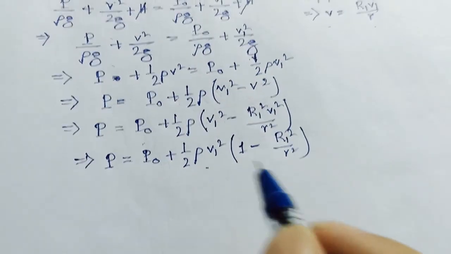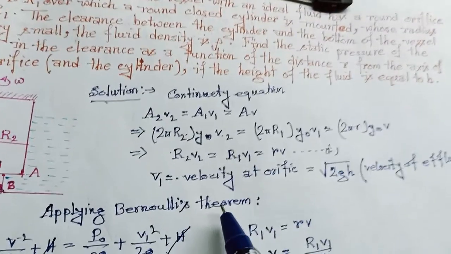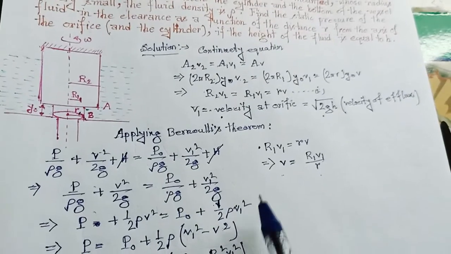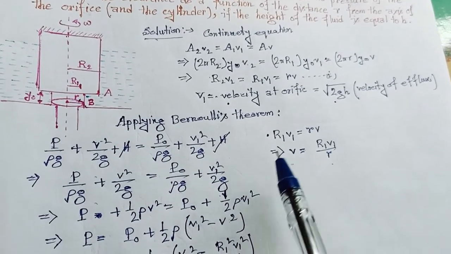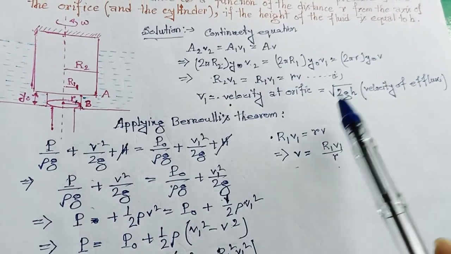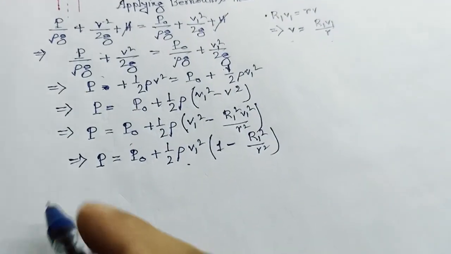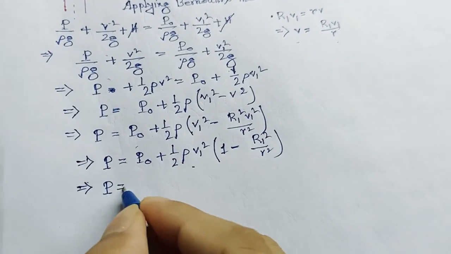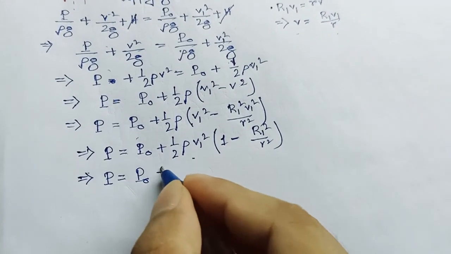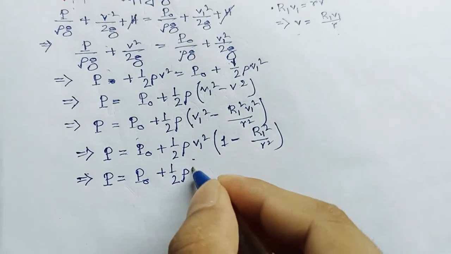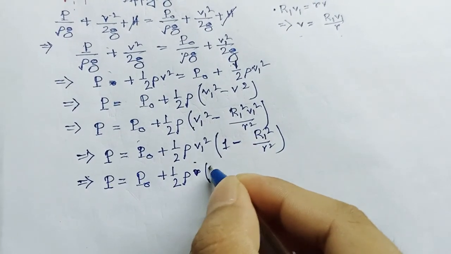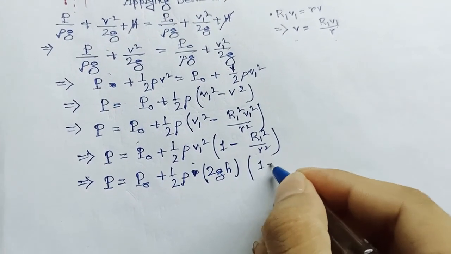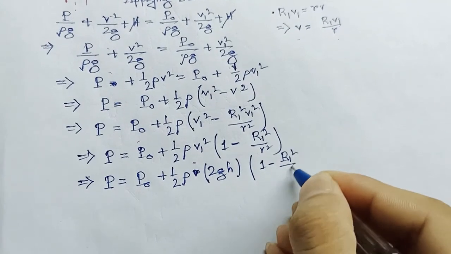Now as we know the velocity of efflux is v1 equal to under root 2gh. Now we'll substitute the value of v1 equal to under root 2gh in this equation. So our pressure P will be P naught plus half rho into 2gh multiplied by 1 minus r1 square divided by r square.